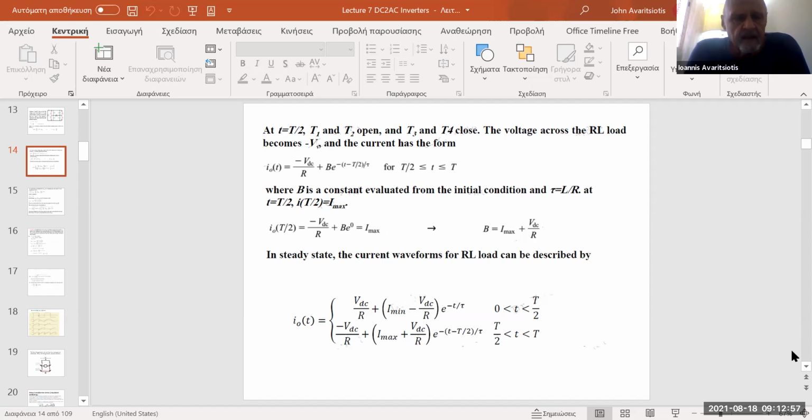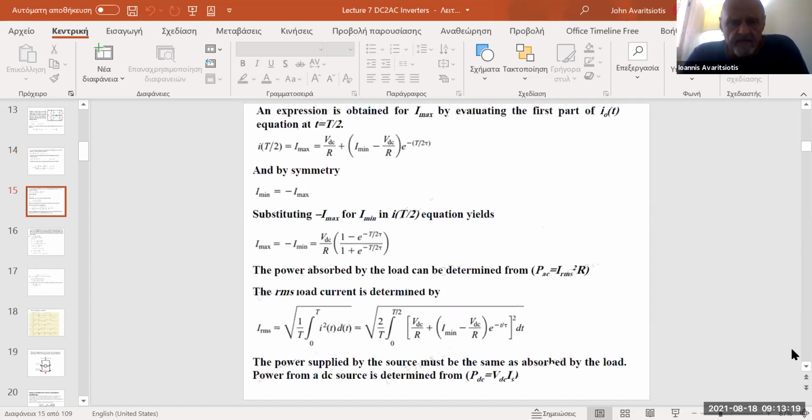And for the next half of the period, from the half of the period up to the end of the period, when T1 and T2 are open and T3 and T4 switches are closed. So we have, as you can see, this complex equation.